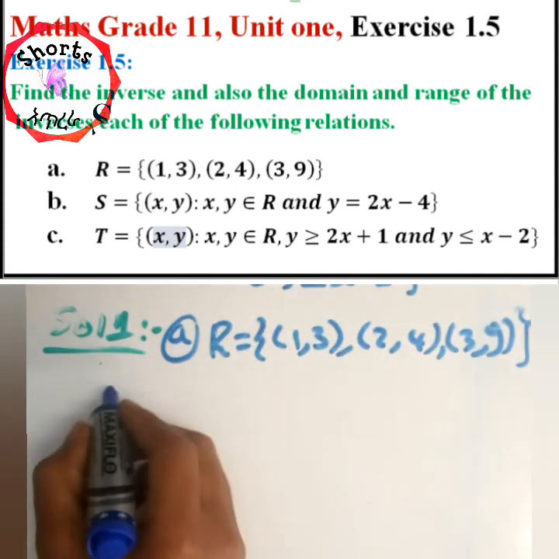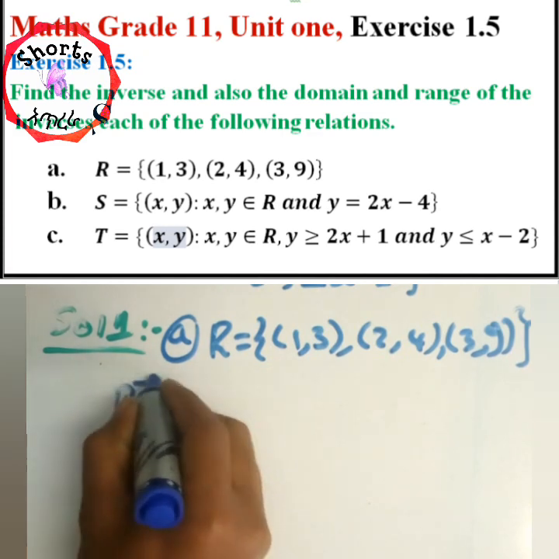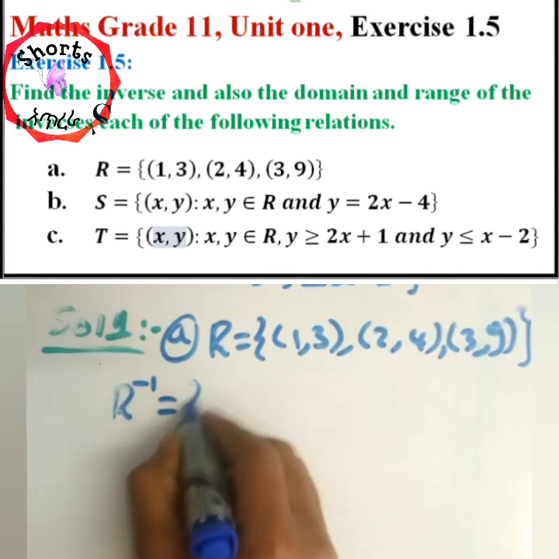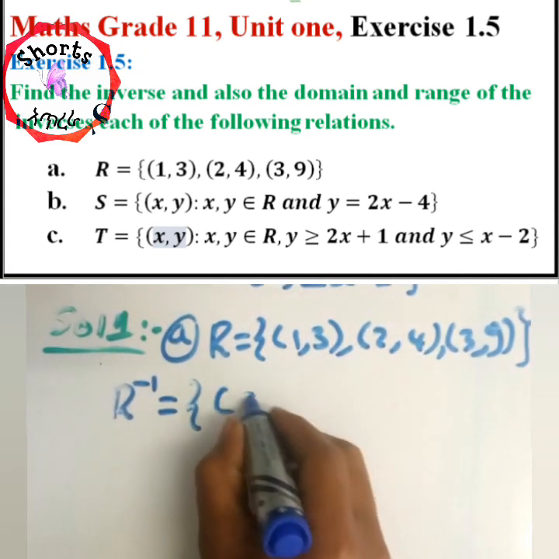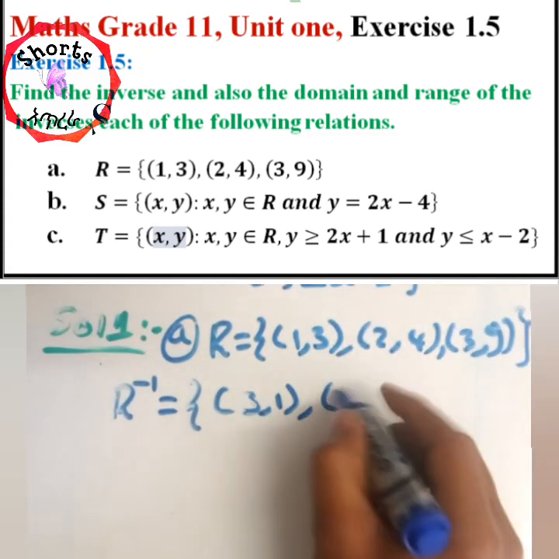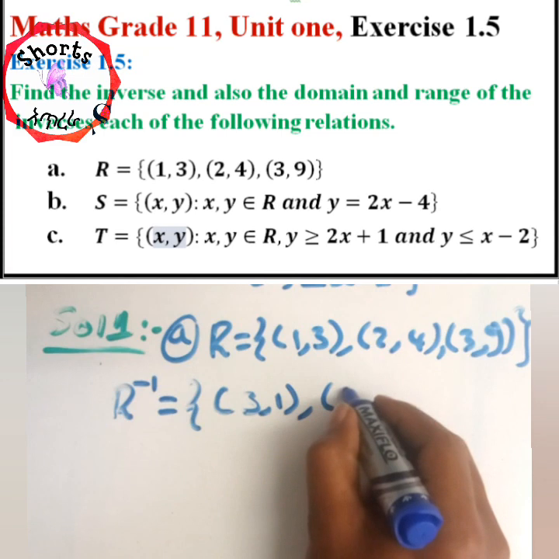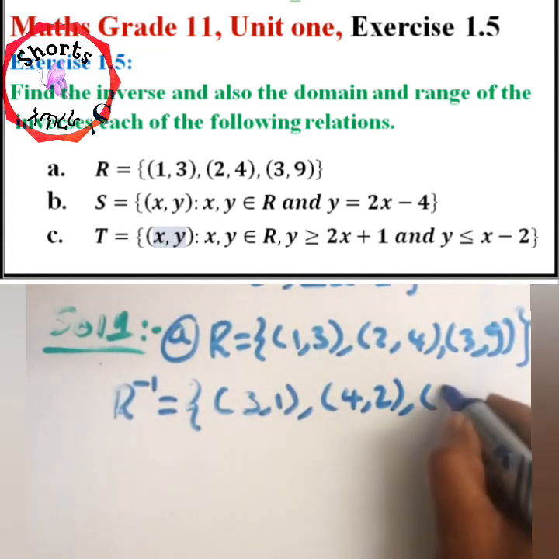Thus, we have the following relation. R inverse is equal to: the inverse of (1, 3) is (3, 1), the inverse of (2, 4) is (4, 2), and the inverse of (3, 9) is (9, 3).